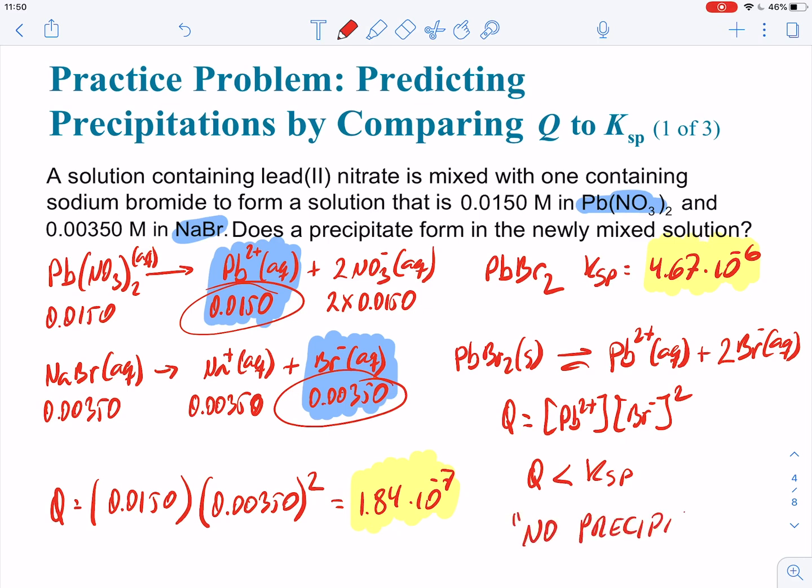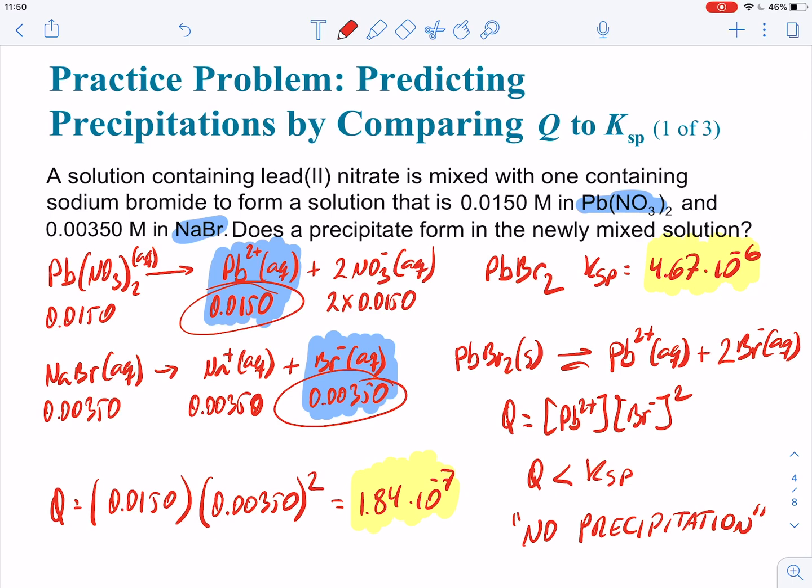So if you mix these two solutions, 0.0150 molar lead nitrate and 0.00350 molar sodium bromide, yes, potentially you obtain something that is insoluble, but nothing is going to precipitate because the concentrations are not large enough to promote precipitation. You can have these two solutions mixed together and it's still going to be clear. There is no precipitation, just because Q is smaller than Ksp.